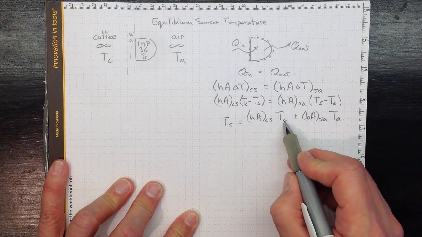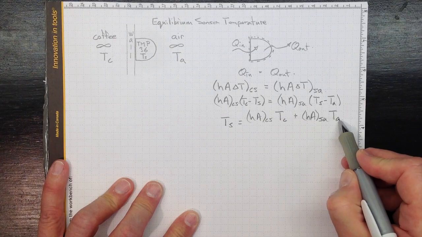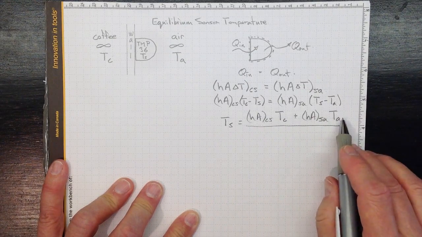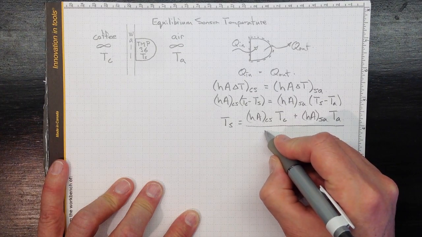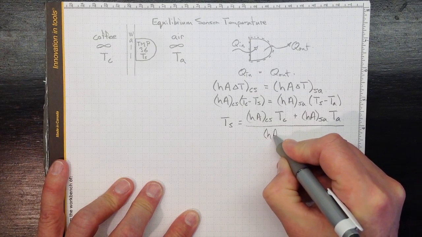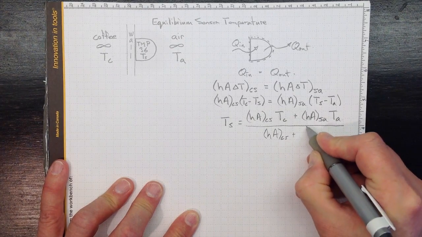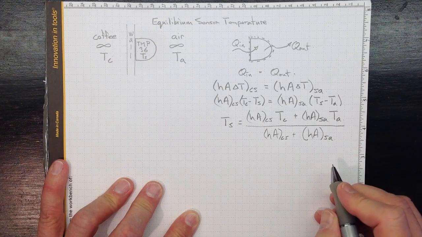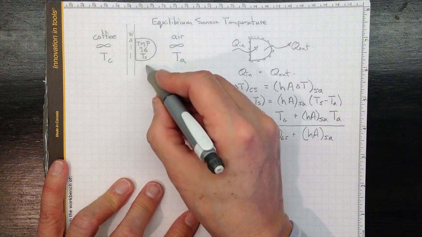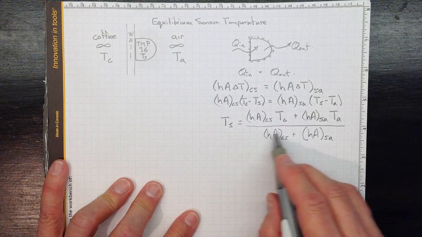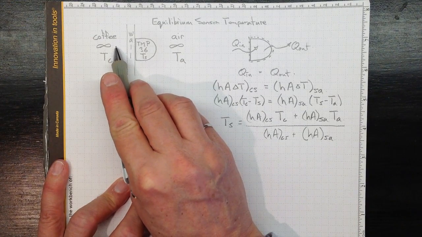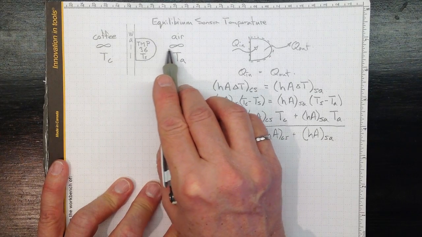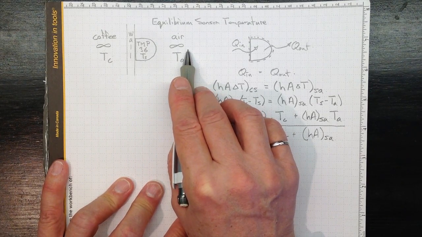So if this is bigger, we'll be closer to the coffee temperature than the air temperature. And then, to make it actually come out in temperature units, we divide by H A CS plus H A SA. So this tells us that the sensor temperature is going to be a weighted average dependent on how good this interface is at transferring energy compared to how good that interface is at transferring energy.